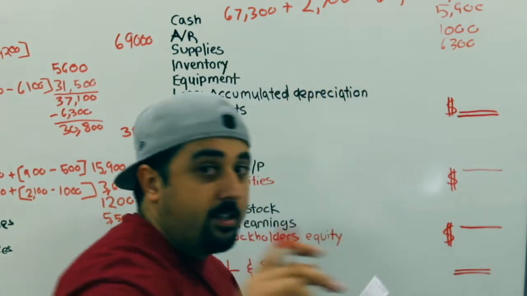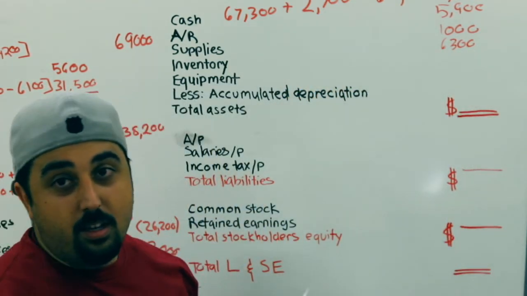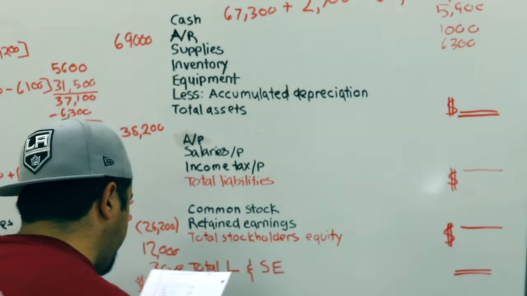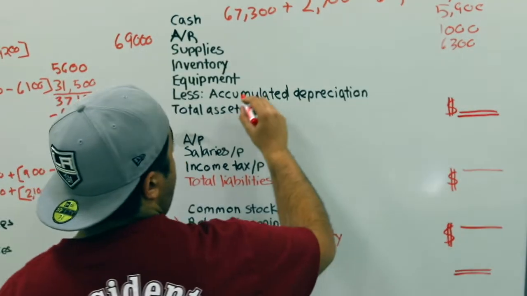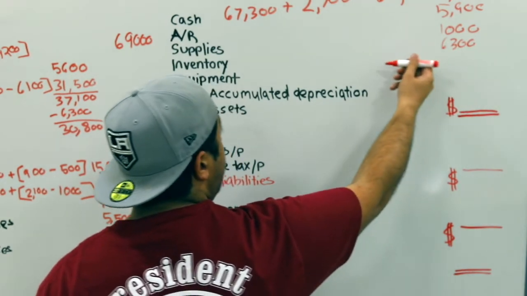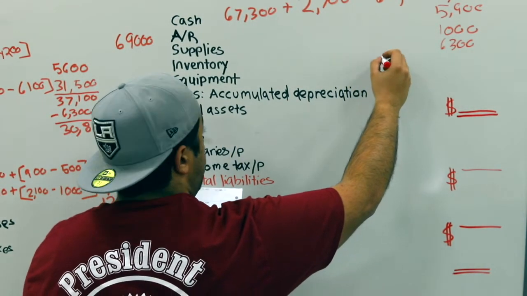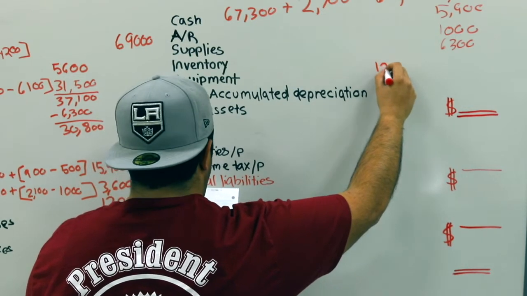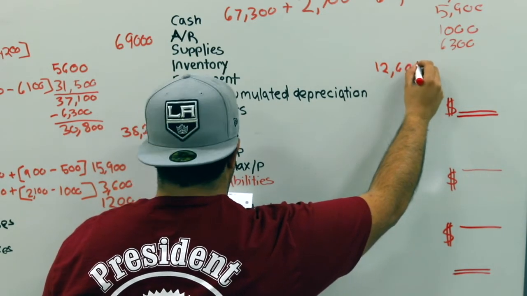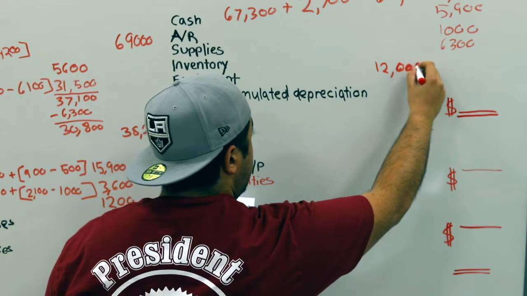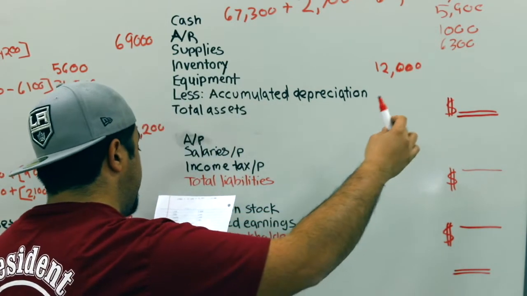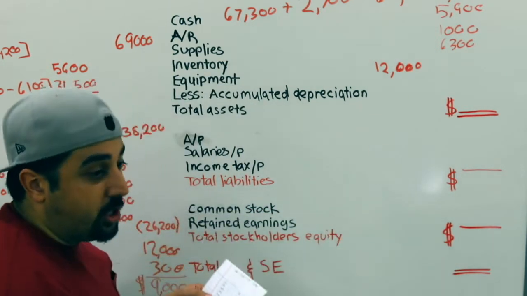Now we deal with the depreciation. So you shimmy over to the left right here, and you write the amount of 12,000 of equipment less accumulated depreciation.